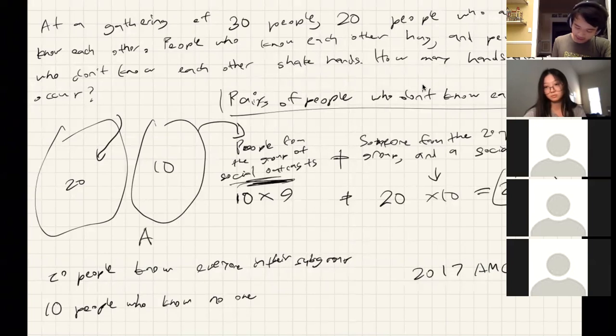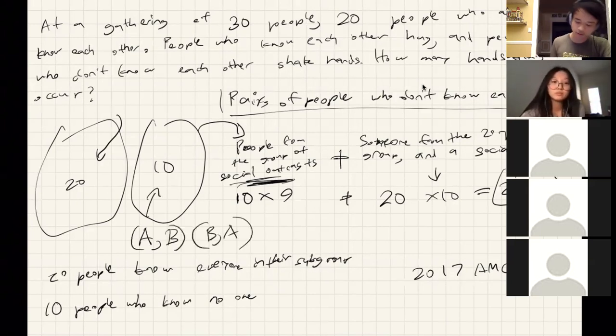You counted A, B in this group of social outcasts, but you also counted B, A. And since the pairs are unordered, this is not good because we counted each pair 2 times. So in this case, we actually have to divide by 2 in order to get rid of the overcount, right?